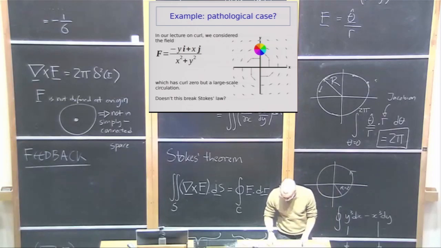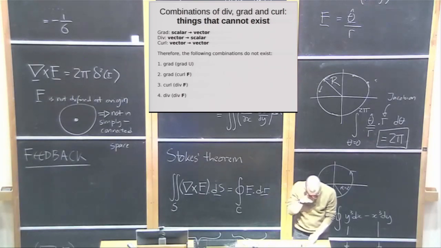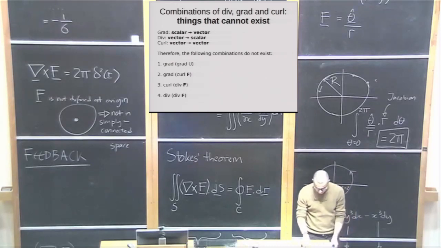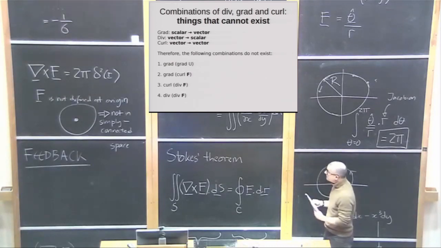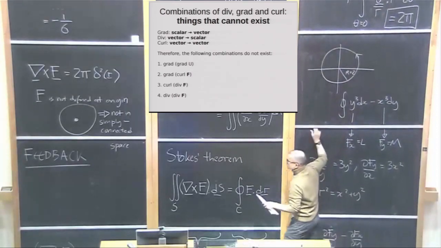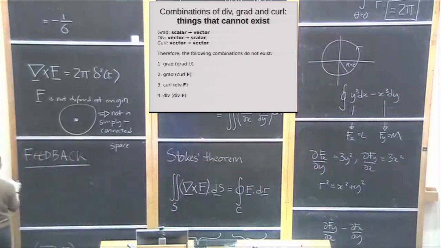All right, so in the final 5 minutes then of the course, I just want to talk about the second order terms associated with our 3 new vector operators. That is combinations of div, grad, and curl.